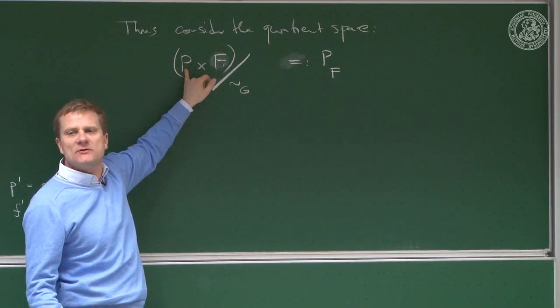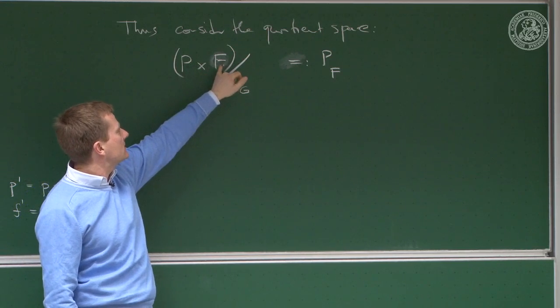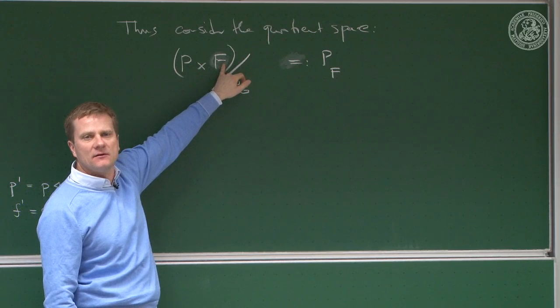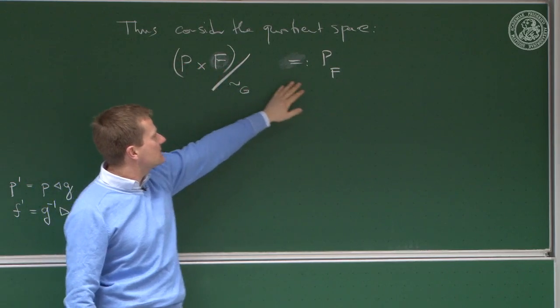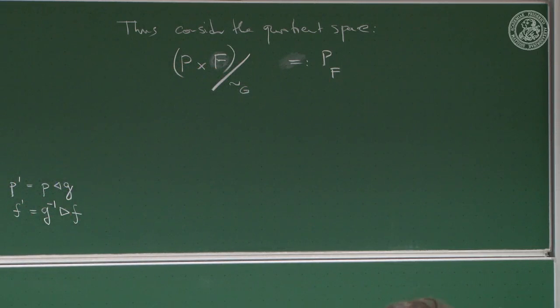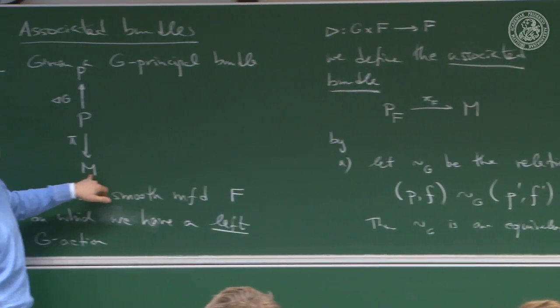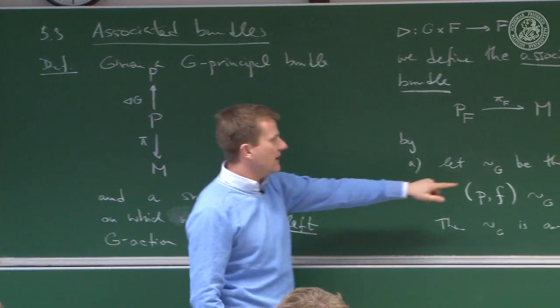Well, essentially only the base manifold. And now you attach to it this fiber. So what we expect this to be is a fiber bundle. Well, we haven't written down the projection map yet, but we expect what we constructed here, this P_F, to be the total space of a bundle over M, where the typical fiber is F.